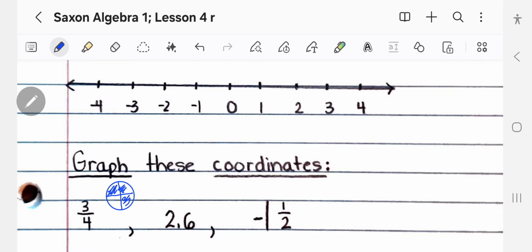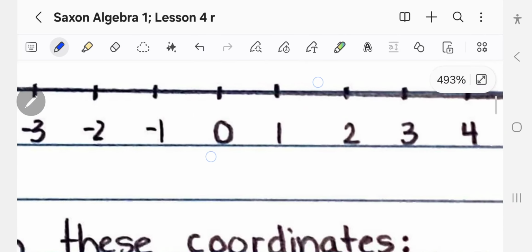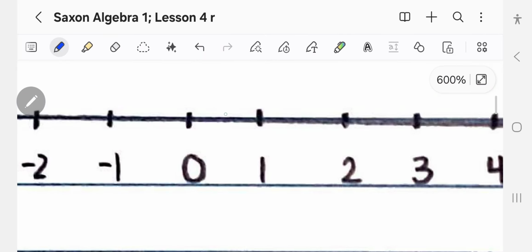Just like I cut that circle up into 4 pieces, I'm going to cut the space between 0 and 1 up into 4 pieces. That's going to require making 3 cuts. I'm going to cut it in half, and then I'm going to cut each of those halves in half. That was 3 cuts that I made, but notice it made 4 pieces. There's a piece. Here, 1, 2, 3, 4.